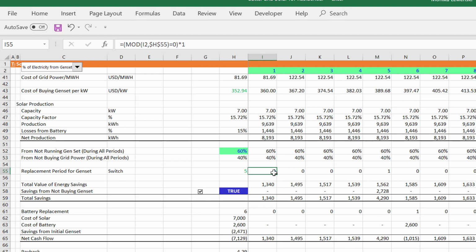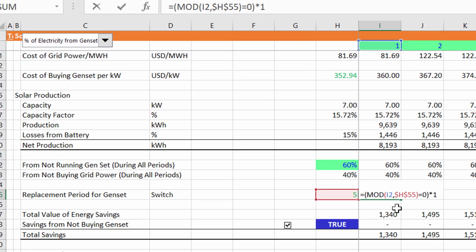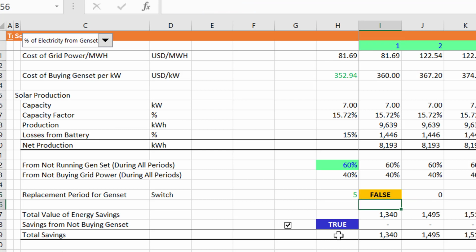And to do that, we just put a little MOD, which is a divide. We just divide the period by 5 and see if the remainder is 0, and then that's our little switch. Okay, perhaps I'm going to just make it my old true false switch.